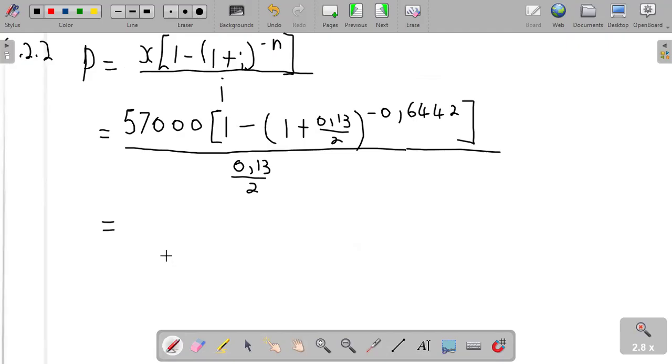So this is what is left after we made 38 payments, meaning that the 39th will be the decimals that are left over. It won't be 57,000. It will be something else. So you use a calculator here.